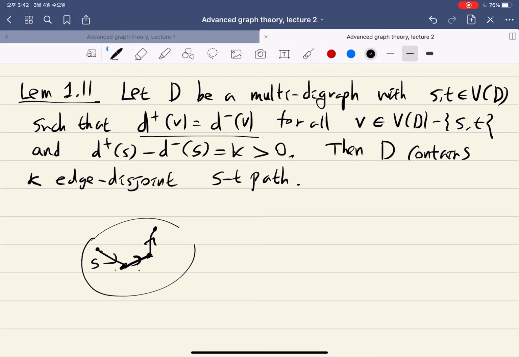But as soon as we are at a vertex which is not T, we can keep going. Once we know this for k equals 1, we can take one path from S to T and delete its edges. Then the condition is satisfied with k minus 1. We repeat again, so inductively we can prove this.